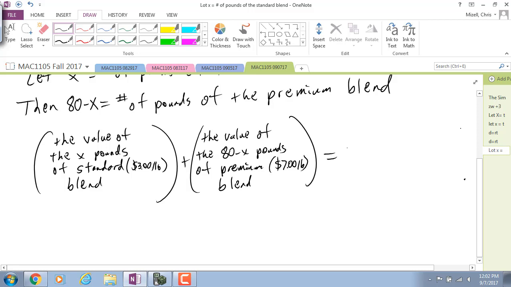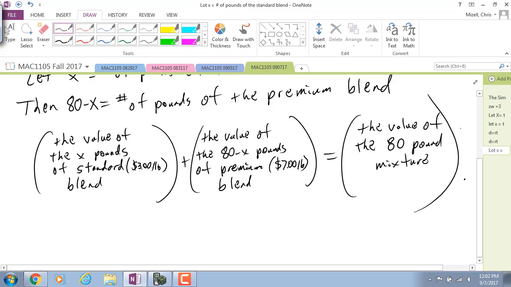We're going to mix it all together and get 80 pounds of this mixture, and the value of the 80 pound mixture should be the same as the sum of the two blends of coffee going into it.